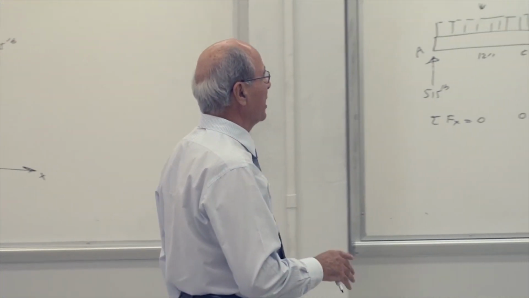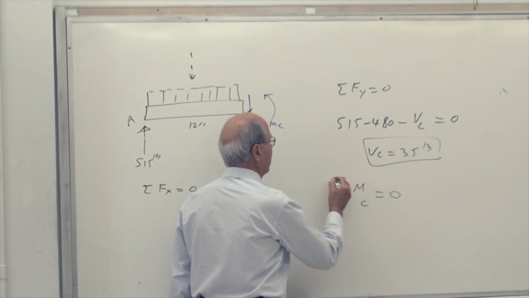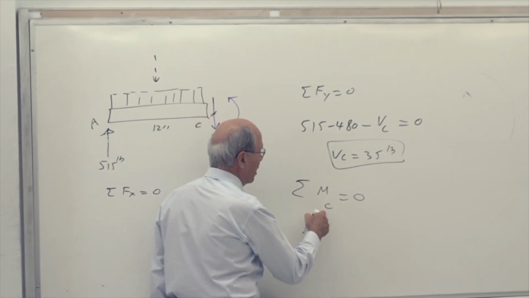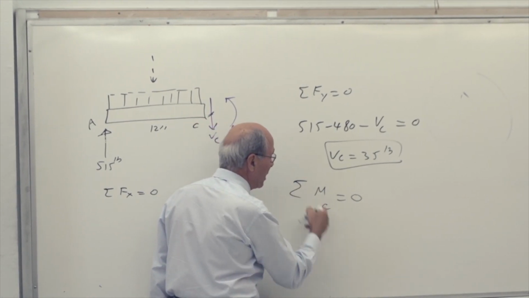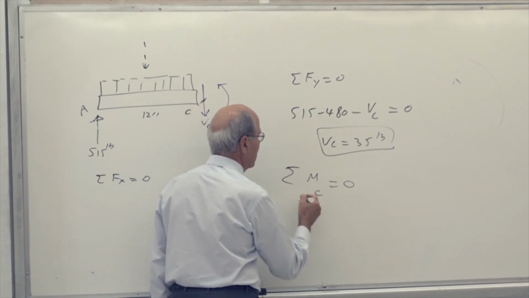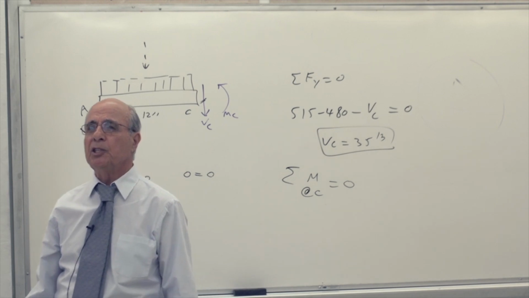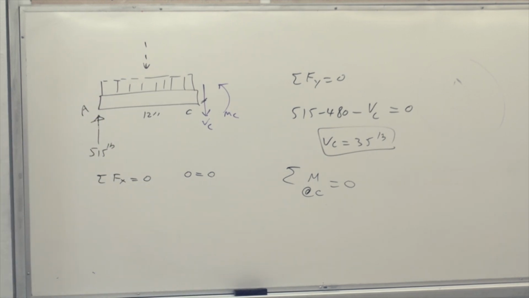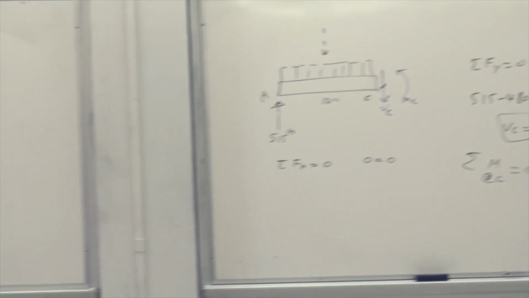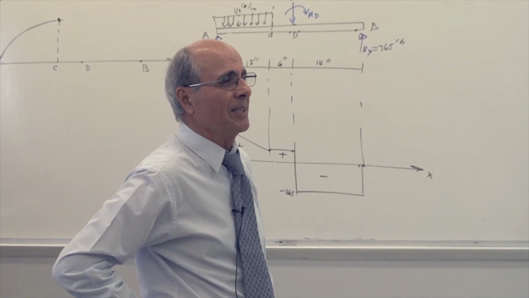What I said earlier was this English sentence: summation of the moment about point C must be equal to 0. In order to write all that long sentence, we just summarize it in this symbolic format, which is sigma MC equal to 0. Correct? Yes?